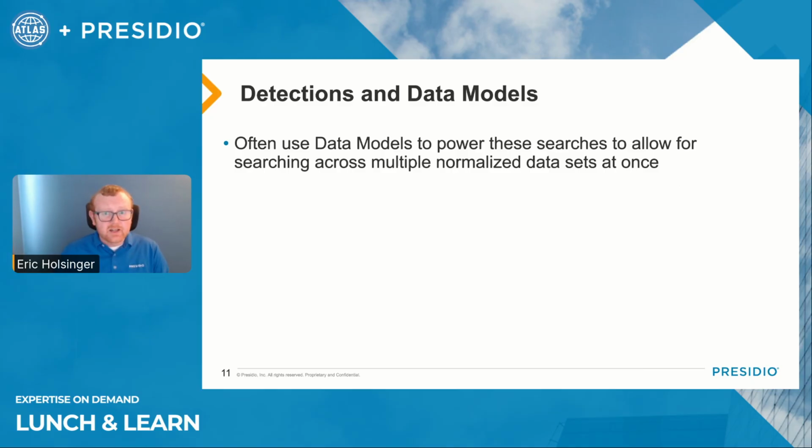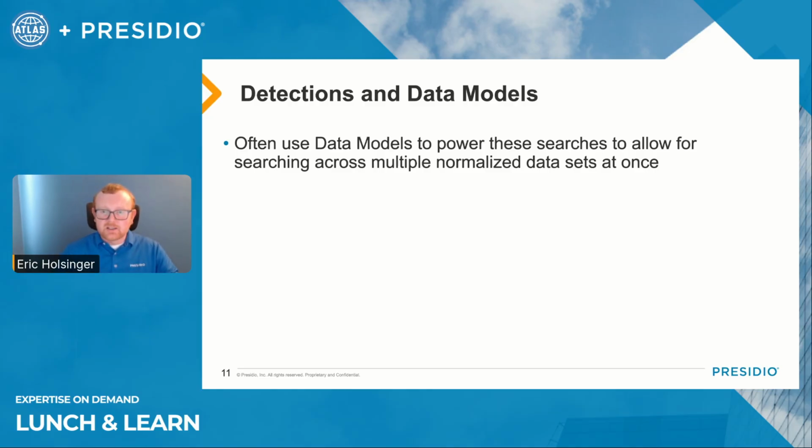So you can think that your authentication data, which we'll look at in just a bit, might be coming in from 7 different sources. Instead of having to search those 7 indexes at once, we can feed all of those into a data model, and that detection can search that data model instead of having to search everything at once and pull from a number of different data sources.